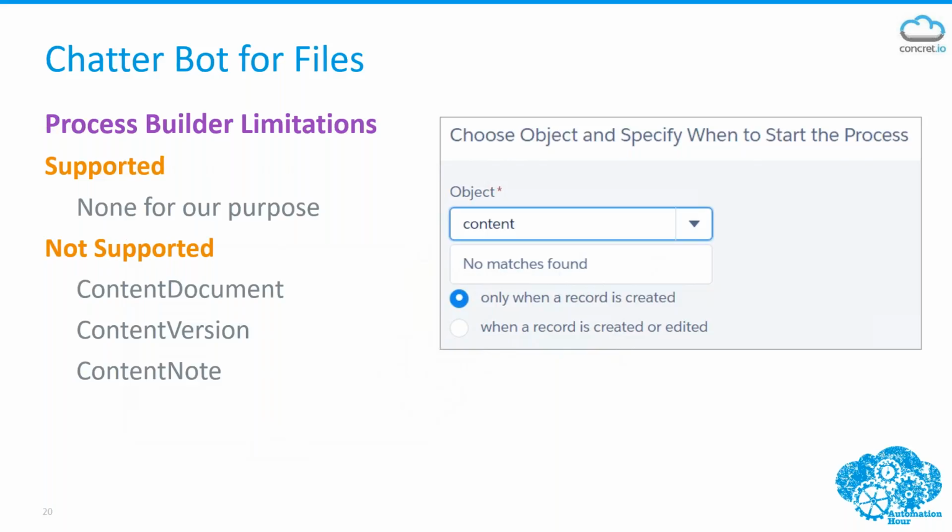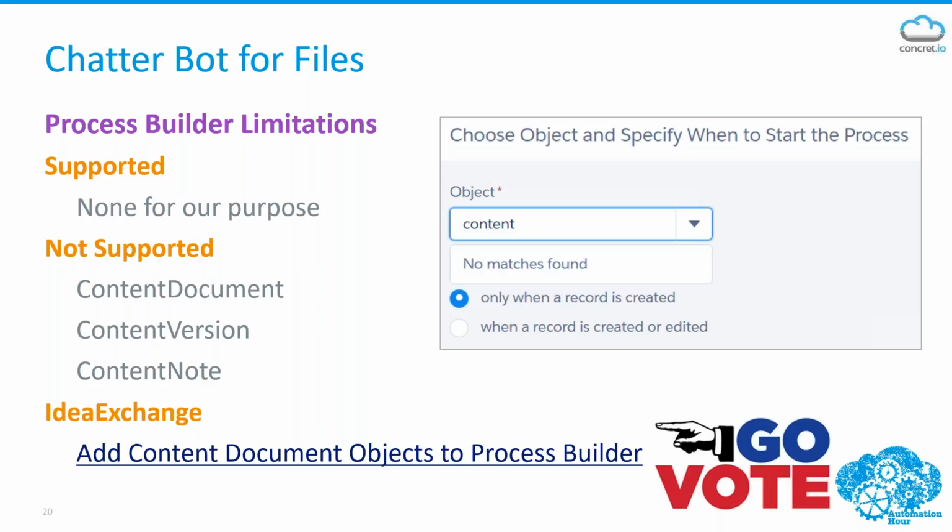Okay. Well, I pull up Process Builder, and as we've seen with the other solutions, the object that I want to monitor just simply isn't supported. So I could not find ContentDocument or ContentVersion. They just weren't there. You can do your part by going to the Idea Exchange and voting up ideas to have these objects added.